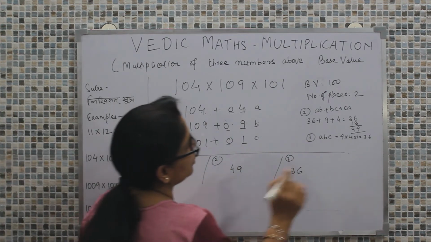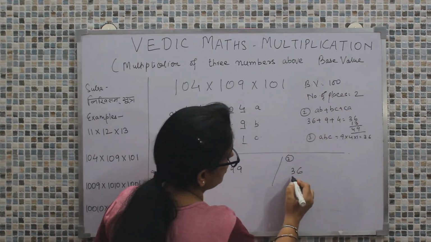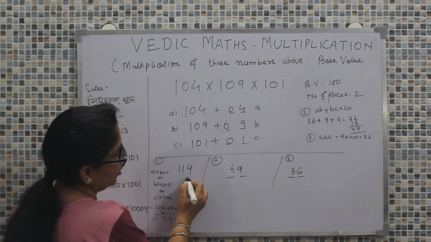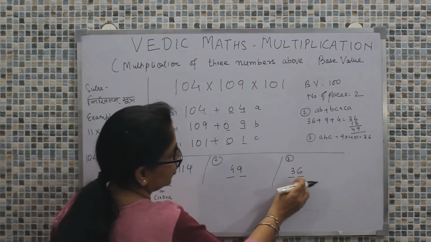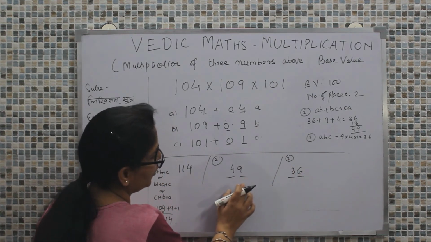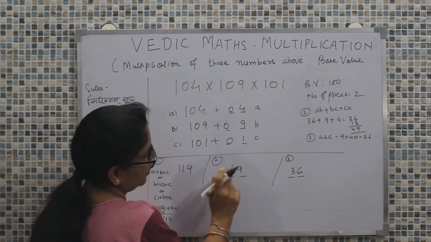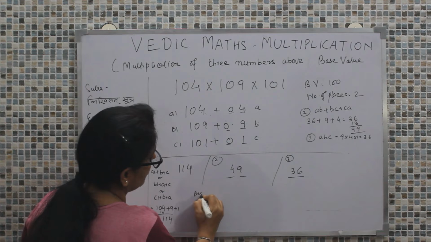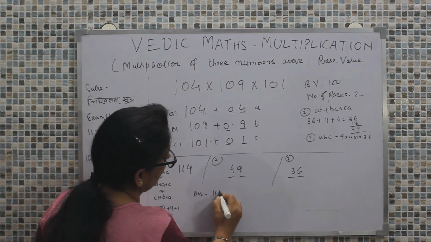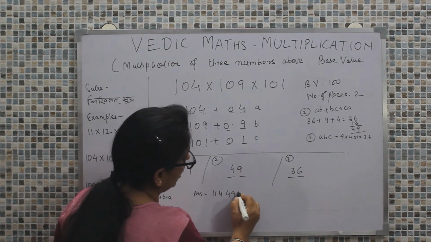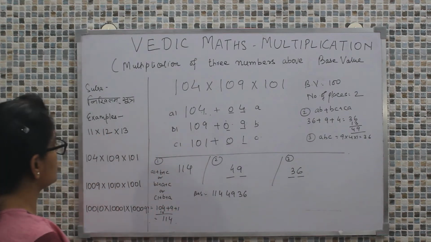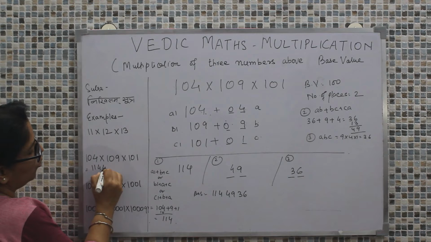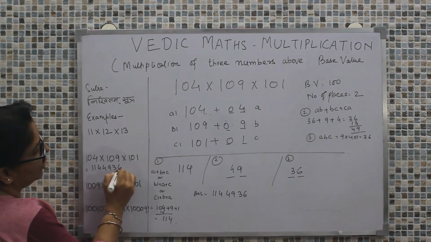Now looking into the number of places, each component will have 2 places. 2 places means we have 2 places over here, so no overflow into the second one. The second component is also having 2 places, so no overflow. Hence our final answer is 1144936.